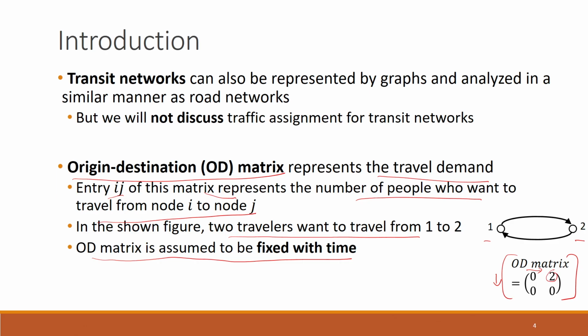What does it mean? That we are not considering the variation of this travel demand as time progresses. Although in the real world that is taken into account in more complex extensions of traffic assignment, which are called dynamic traffic assignment. We will be focusing on the static traffic assignment here.